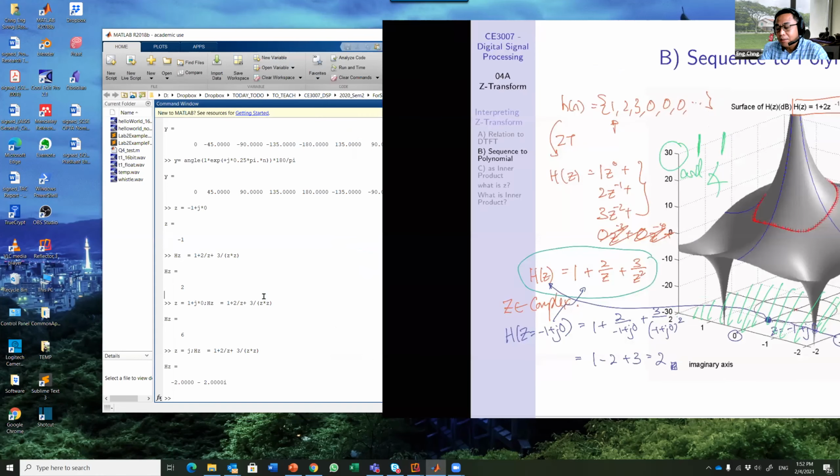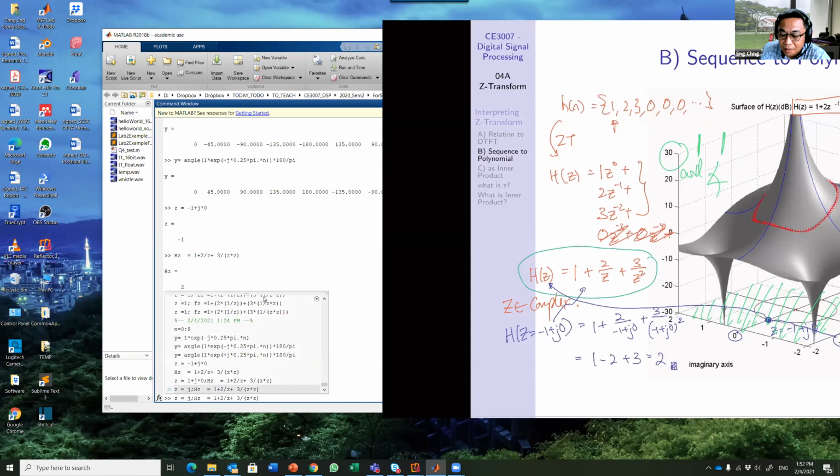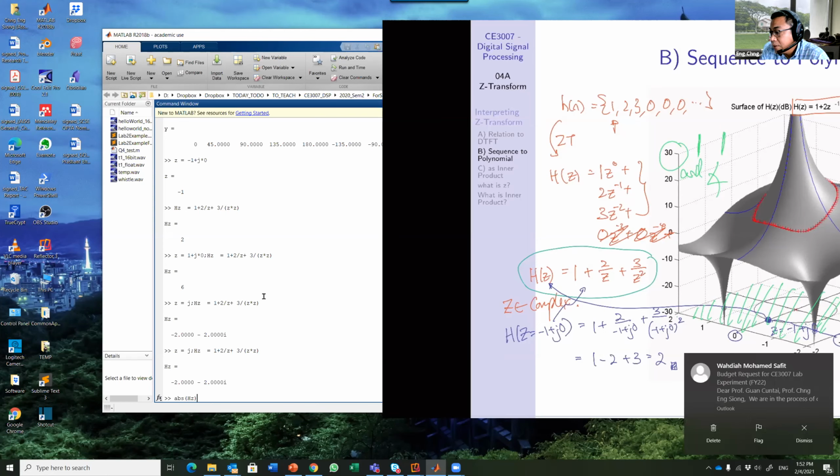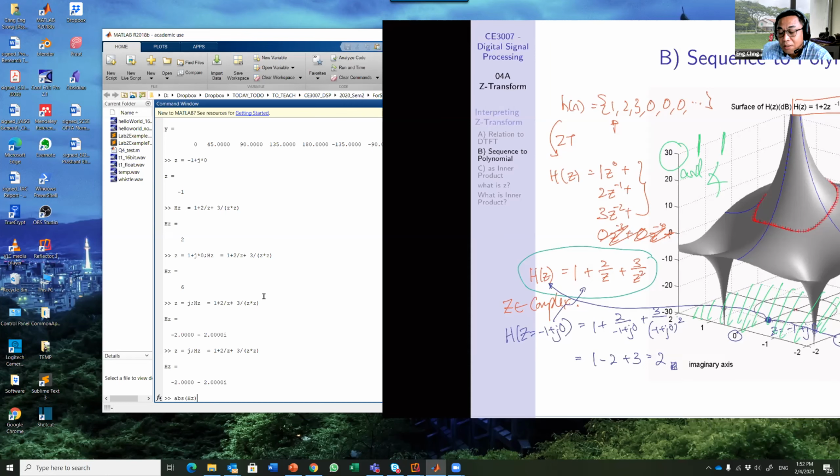It means that instead of getting H of z, I type in, let me get absolute of H of z. Absolute of H of z is the absolute value, which is square root of 2 squared plus 2 squared. So square root of 8, I guess.